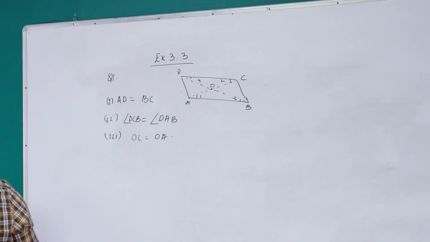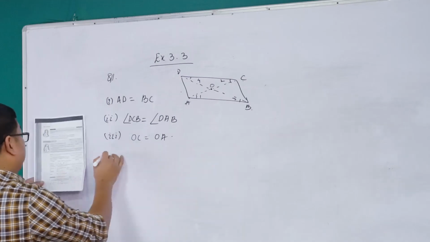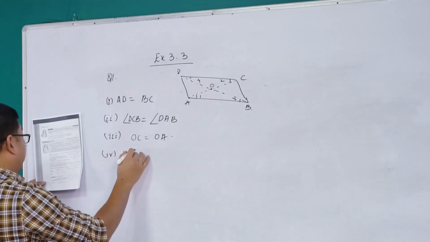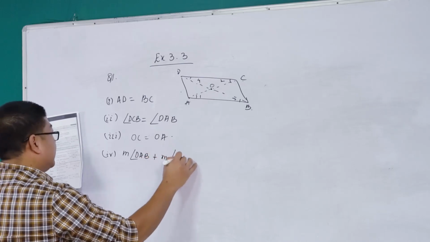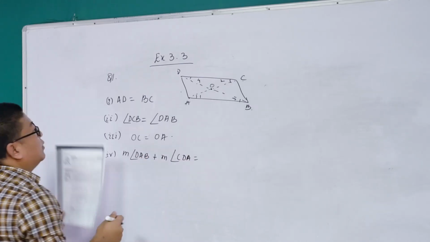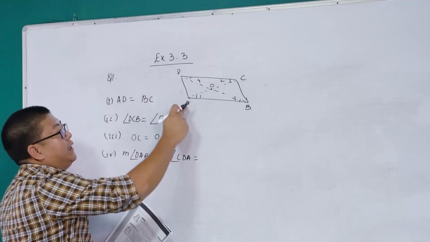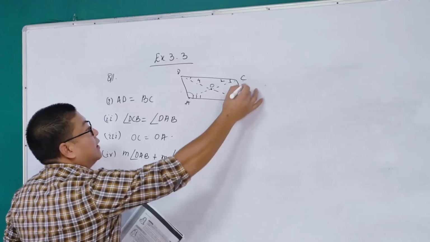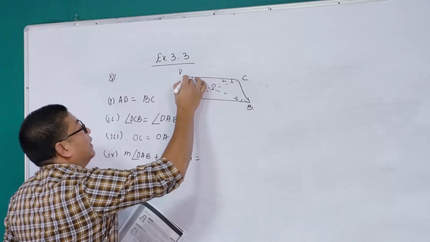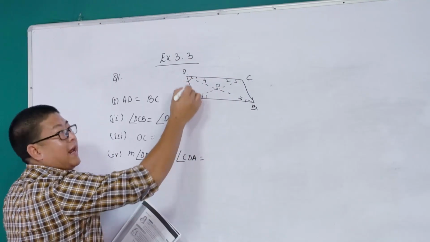And finally, angle DAB plus angle CDA is equal to. Now let's look at this. Angle DAB, this angle, plus angle CDA, this angle. These two are adjacent.